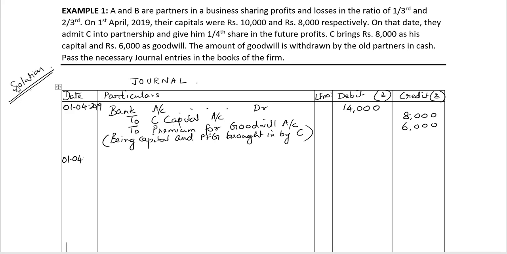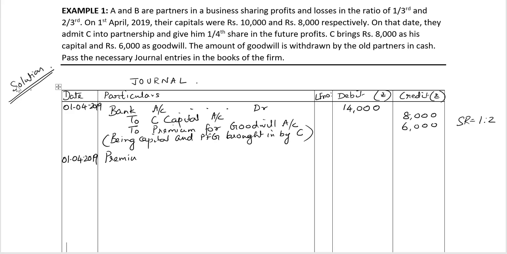Next journal entry, same date. We'll distribute the premium for goodwill of Rs 6,000 among the sacrificing partners A and B in the sacrificing ratio. There is nothing mentioned in the question as to the sacrificing ratio, so the sacrificing ratio is equal to the old ratio, which in this case is 1:2.